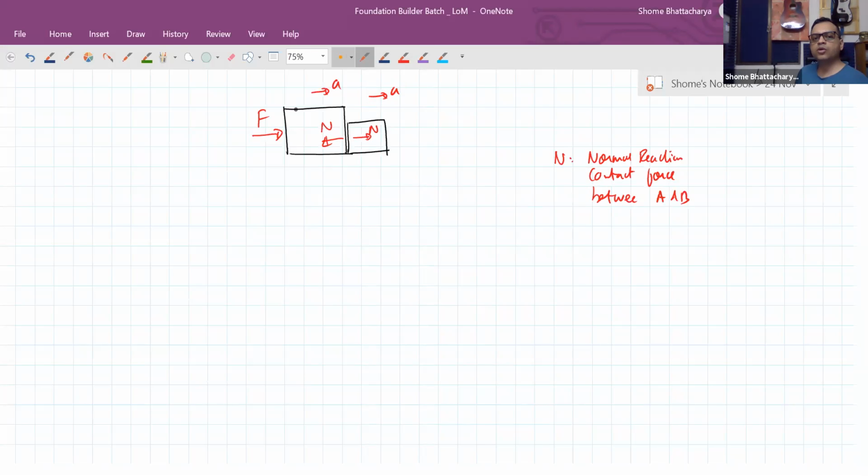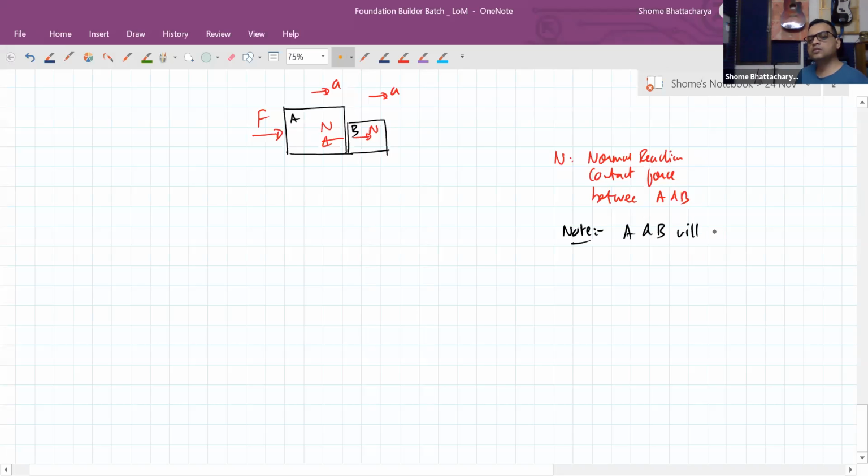So what happens is that the blocks A and B will slide together, in contact, with common acceleration along the surface.